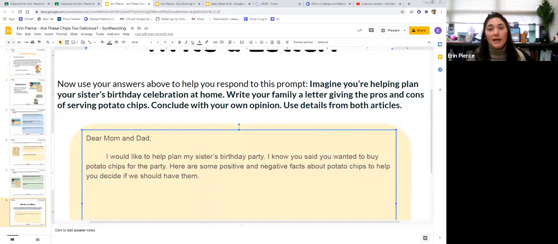Or you should say, I think because of these reasons, we should have potato chips because they're yummy and crunchy and salty. And we should buy them for the birthday party. Whatever reason you might have for wanting potato chips at the birthday party, okay?